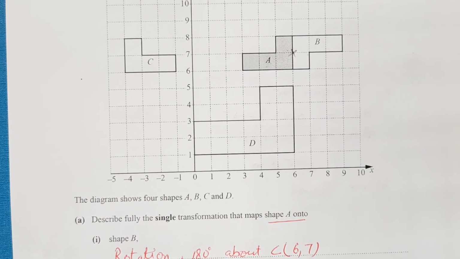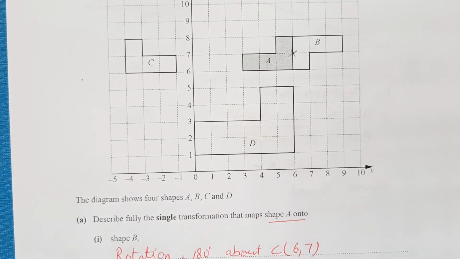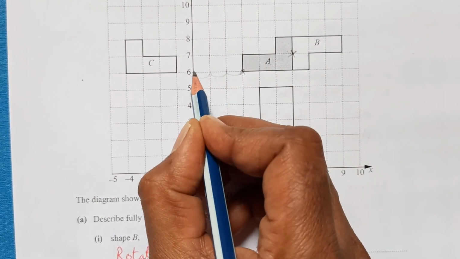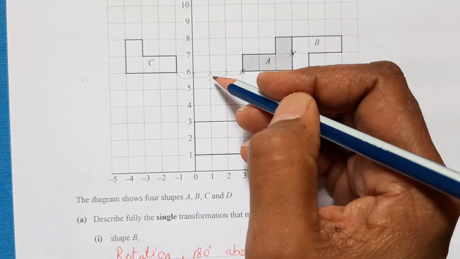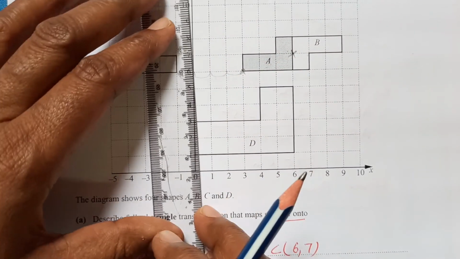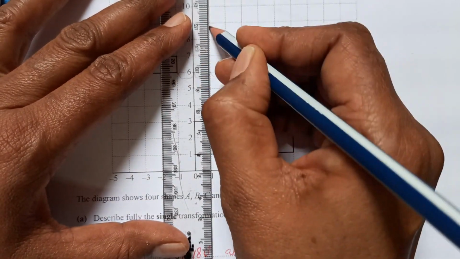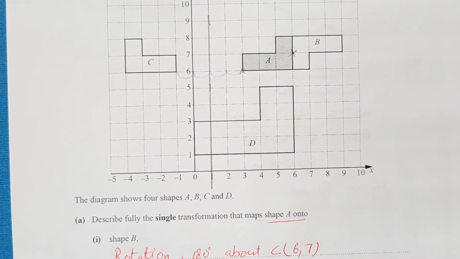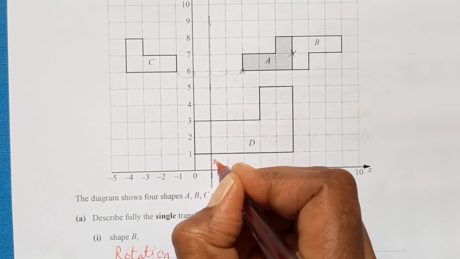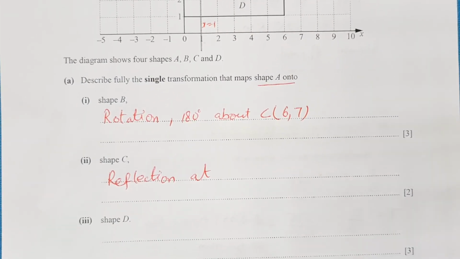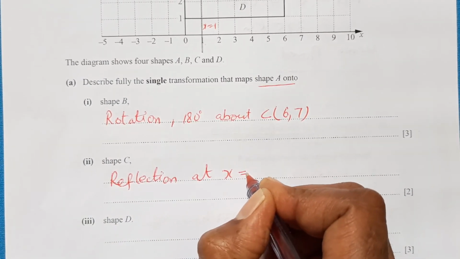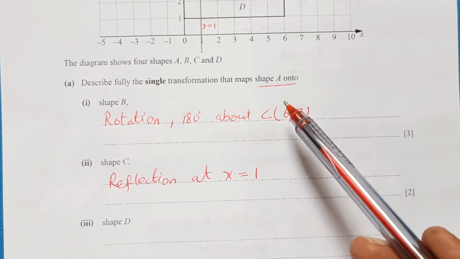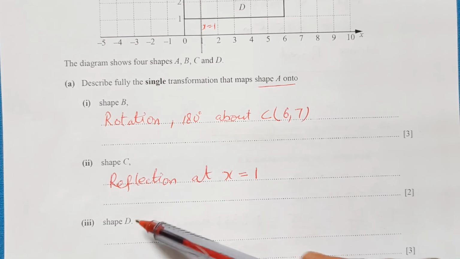If we take this corner here, 1, 2, 3 and 4, that means the mirror line is in the middle somewhere here, which is x equals 1. So it is reflection at x equals 1. Okay, now D, from A to D.